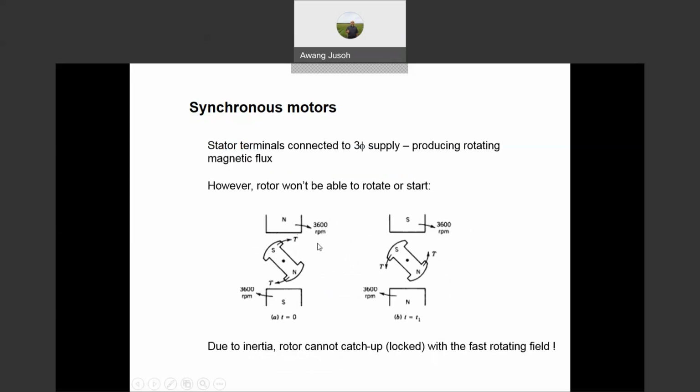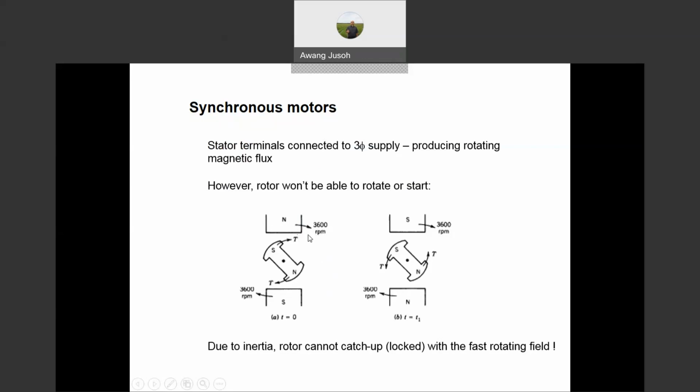It's not moving at 360 RPM, but lower, maybe 5 RPM and so on. Very low. What happens then? Because of the low speed, the rotor is able to catch it. The rotor has inertia, but because the speed of the rotating magnetic field is very slow, it is able to catch.